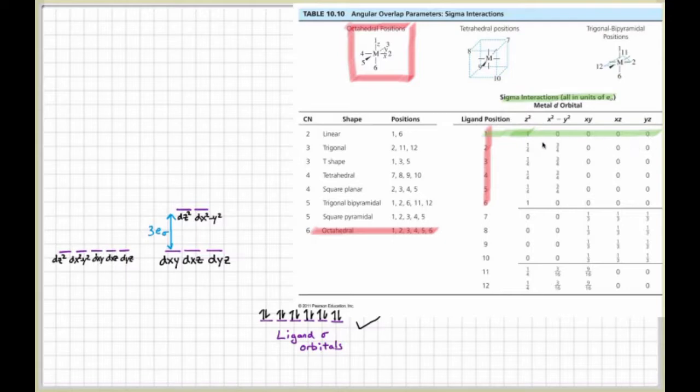So 0 overlap of that particular position with those other orbitals. Okay, so the ligand orbital 1 is stabilized by 1 unit.